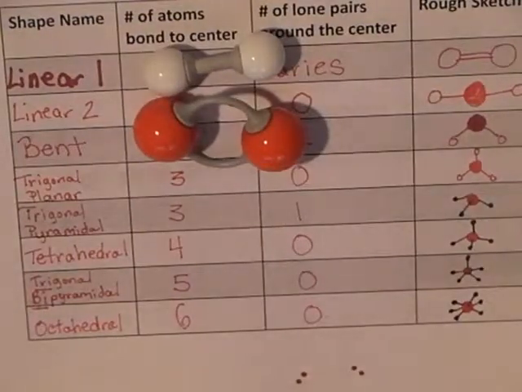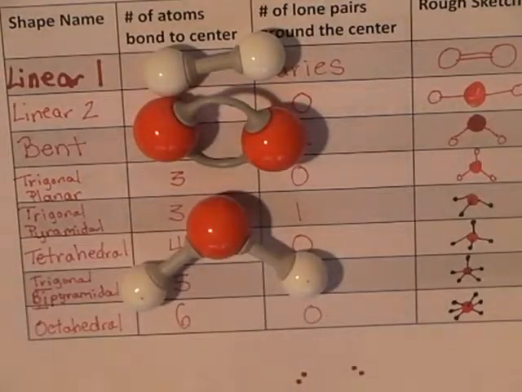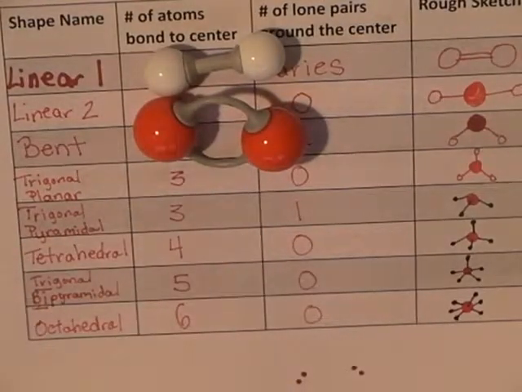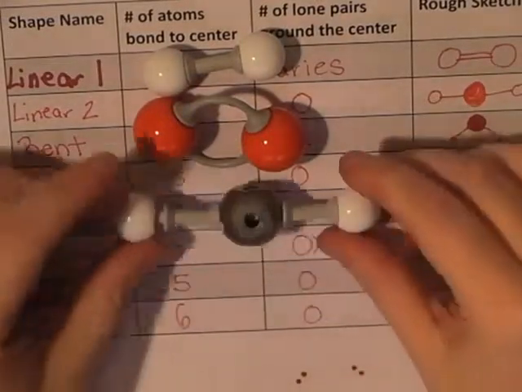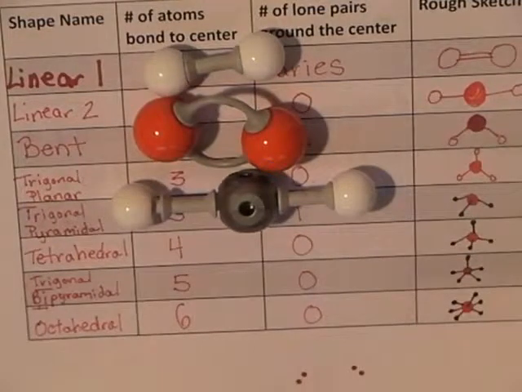I don't know if it'll fit. We've got bent. Where did my bent? There it is. Oh, I'm sorry, my fault. We've got linear 2, which we said looked something like this. 1 in the center, and then 2 coming out of the sides. We had something like that, or I think I took the other one apart.